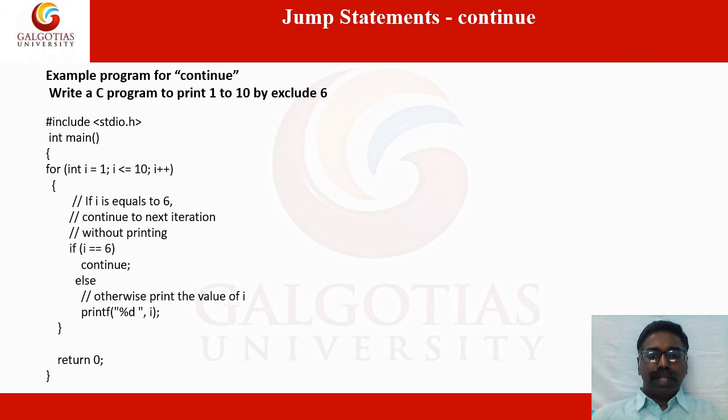In the jump statements, next we are going to discuss the continue statement. The break statement will break the loop. The continue statement will bypass the rest of the loop body and go to the next iteration. So we have a looping structure from 1 to 10 here, and the condition is that we don't want to print 6.